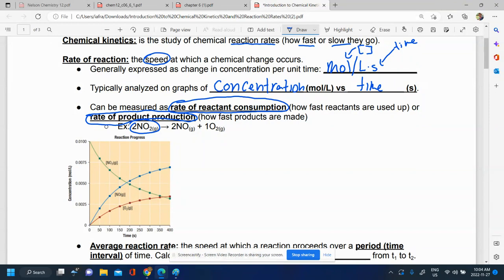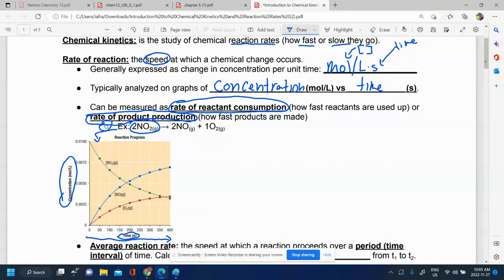So if you analyze this graph here, you can see we have time on the x-axis and we have concentration in moles per liter on the y-axis. The reaction progresses as time increases, right, from 0 to 400 seconds. And you can take a look at the change in concentration of the various substances that are taking part in the reaction, as you can see over here. This is a reaction represented in the graph below.